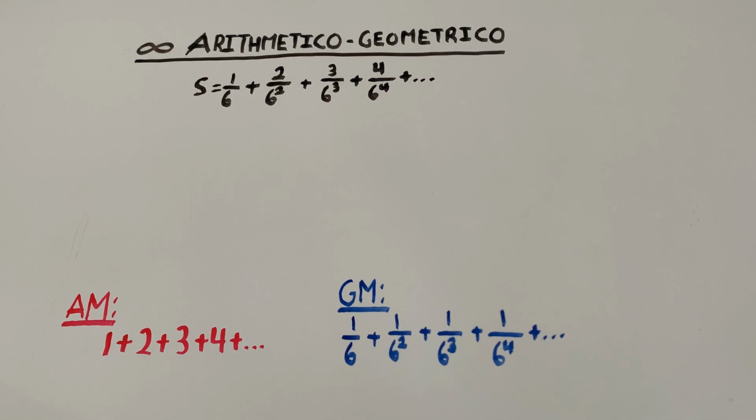What will this new series be? Well, this new series is going to be our initial series multiplied by the common ratio of the geometric series component. The common ratio of the geometric component is 1 over 6. So the new series that we're going to introduce is going to be S times 1 over 6.